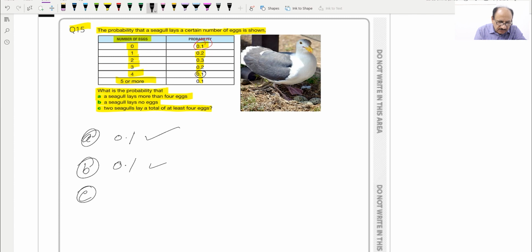The total should not be equal to 4. So we will be taking 1 minus the probability of not 4 eggs. This will be the probability which we'll be checking.